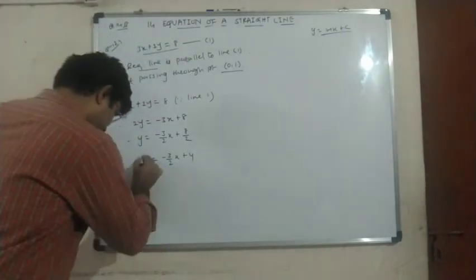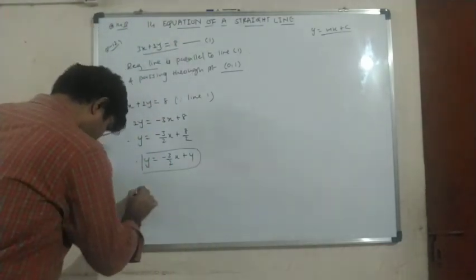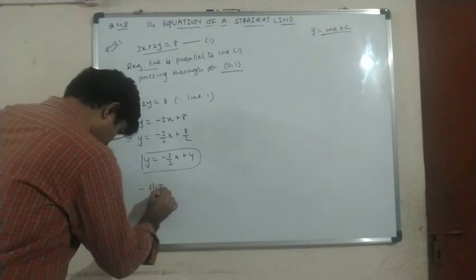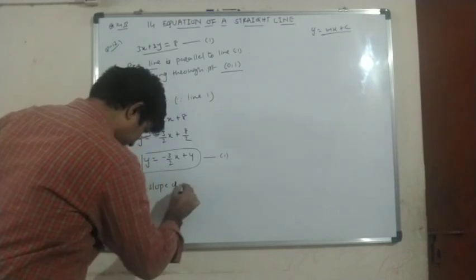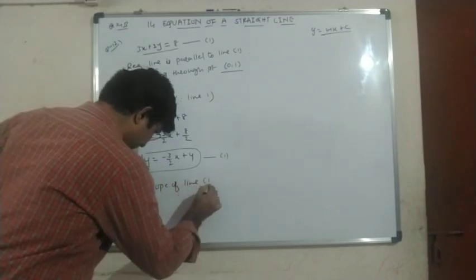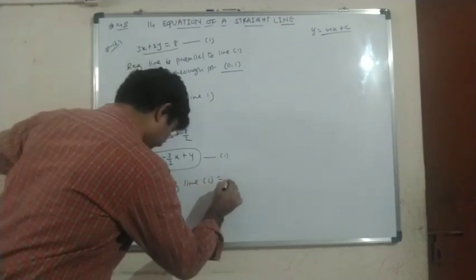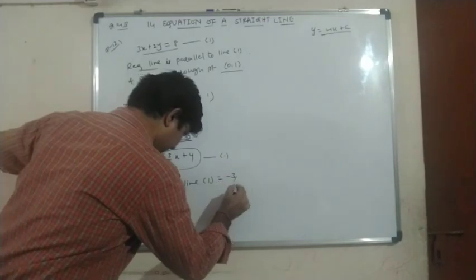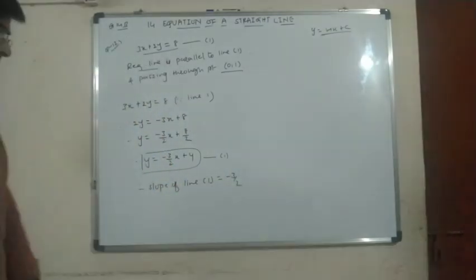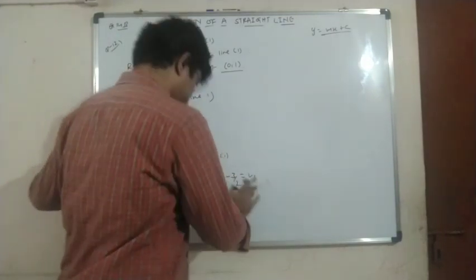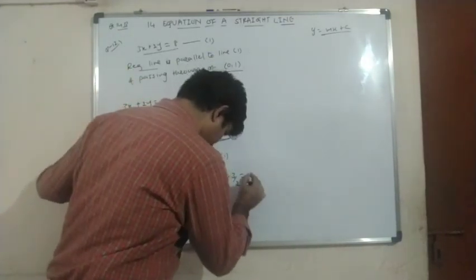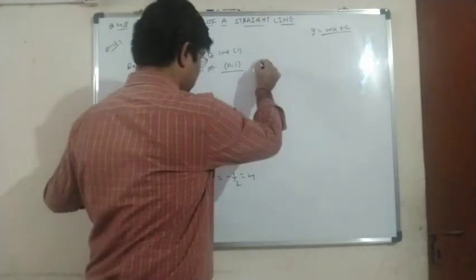Okay, and therefore the slope of line 1. What is the slope of line 1? Minus 3 upon 2. Clear? Yes or no? Say this is equal to m. This is the value of m, the slope.